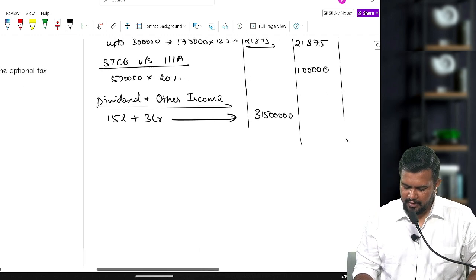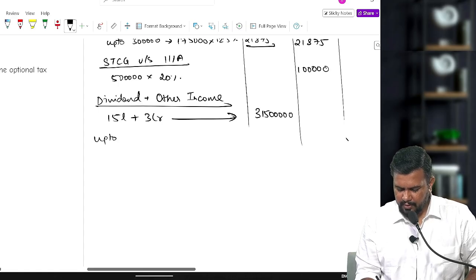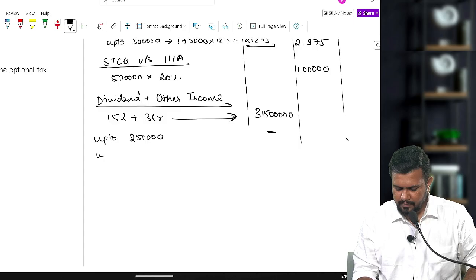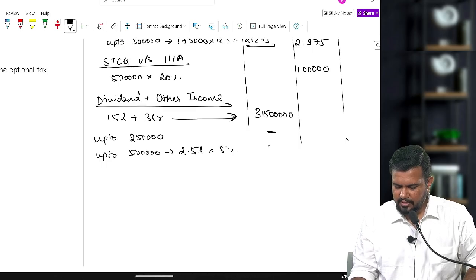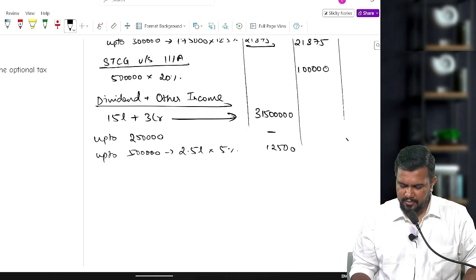Three crore 15 lakhs. Here up to 2,50,000 is nil. Up to 5 lakhs it is 2.5 lakhs into 5%, 12,500.